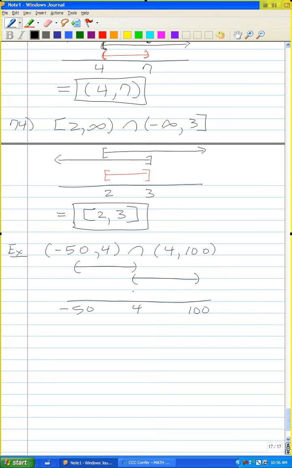Well, the intersection is going to be nothing. There's no intersection here because they would try to join at 4, but neither of them include 4. So there's nothing there. So in this case, it'll be the empty set.